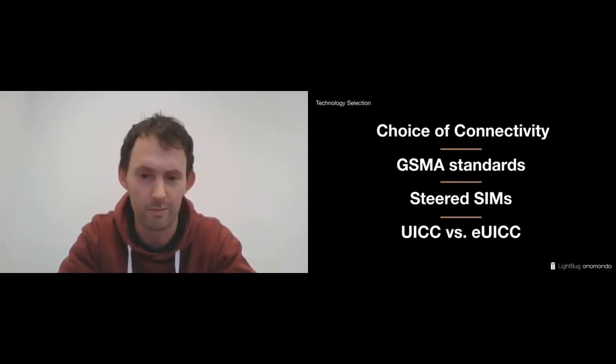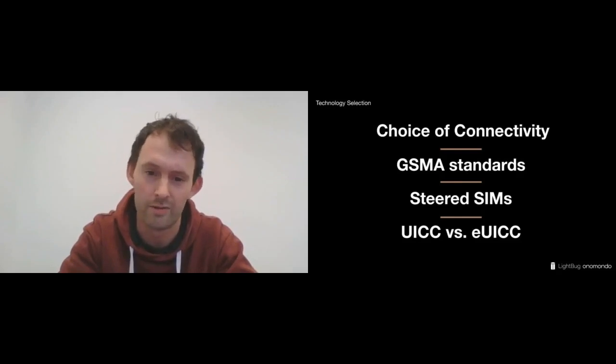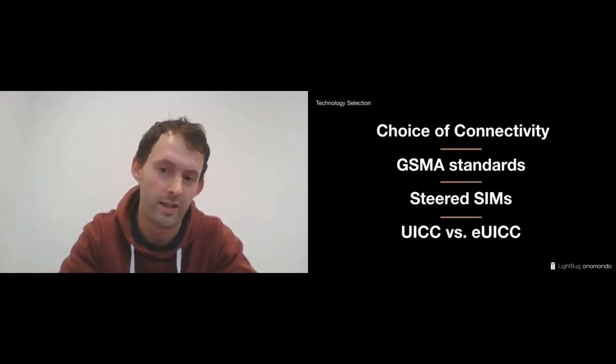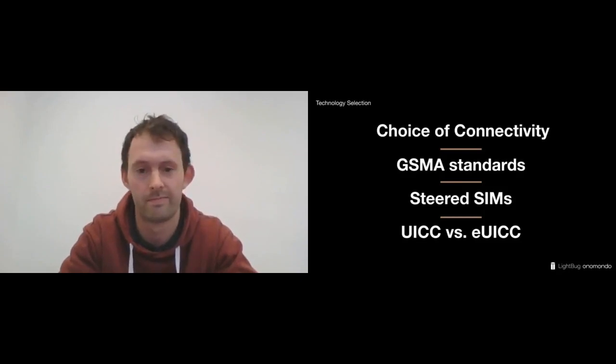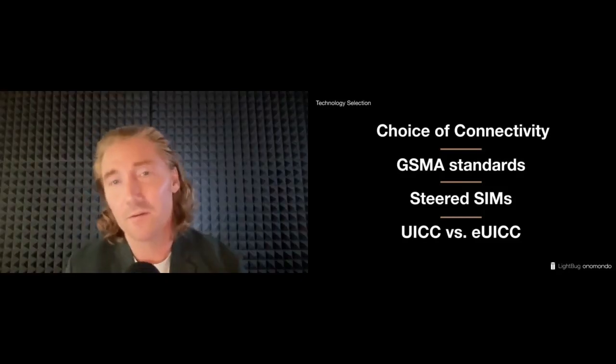And you've talked about the future, but also globally, it's everywhere. It might be different technologies, but largely you can connect a mobile phone in most inhabited places in the world. So you're already onto a winner with cellular. Now, you already mentioned that it's globally deployed, but there might be a few different technologies, and I think this is also where we put in the keywords of GSMA standards.